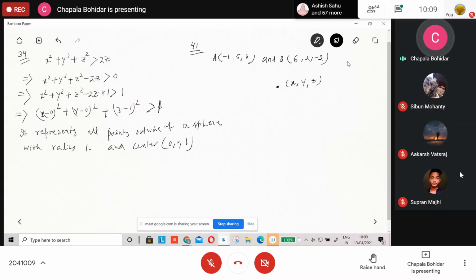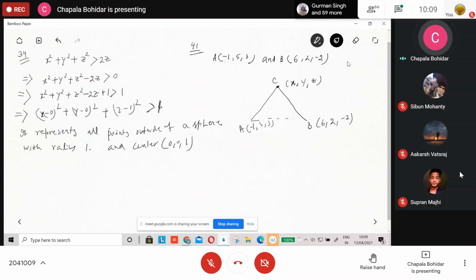The set of all points means you have to choose any value for X, Y, Z. So the point X is equidistant from A, which is -1, 5, 3, and also equidistant from the point B, which is 6, 2, -2.